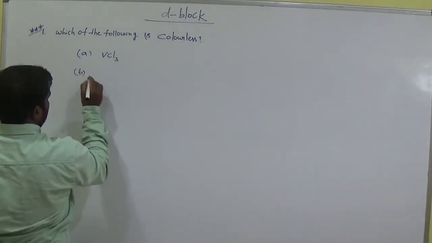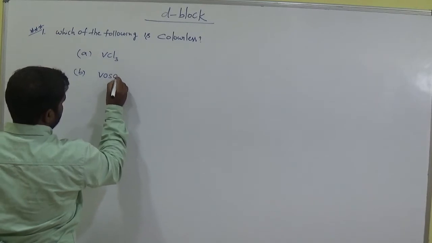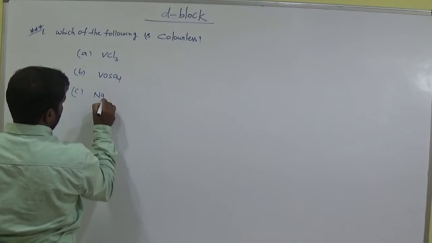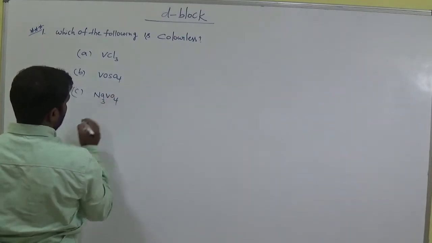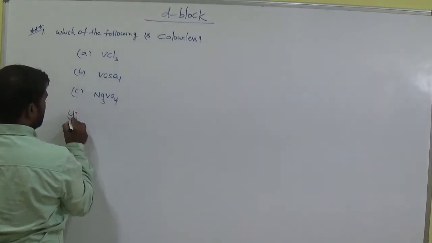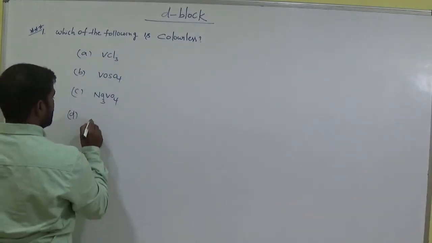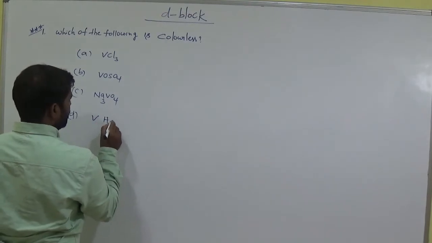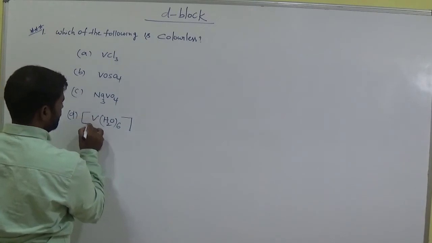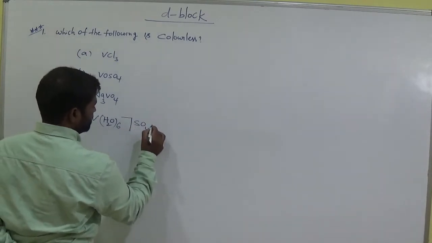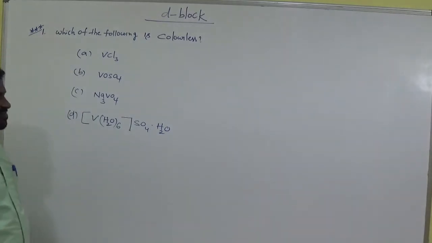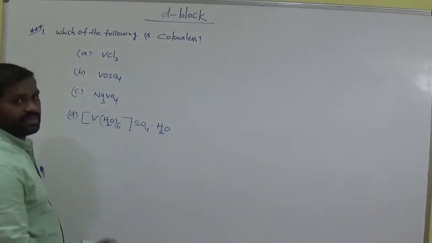VCl3, VOSO4, Na3VO4, VSO4.H2O. Here V means vanadium. These are all our vanadium compounds.